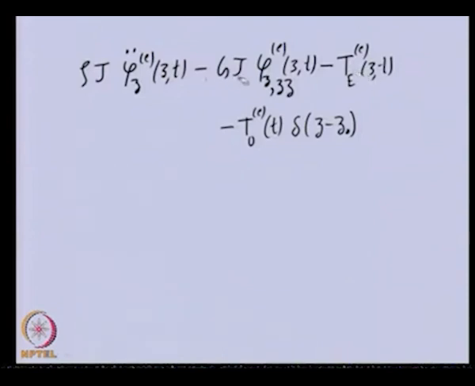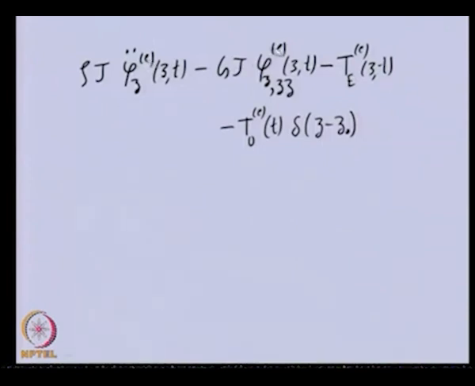So, this equation of motion which we wrote earlier, the only difference here is that instead of only phi z, I am writing the superscript e. That means we have written this for the element, because this governing equation is valid for each and every point on the system, so it is valid for this element also.